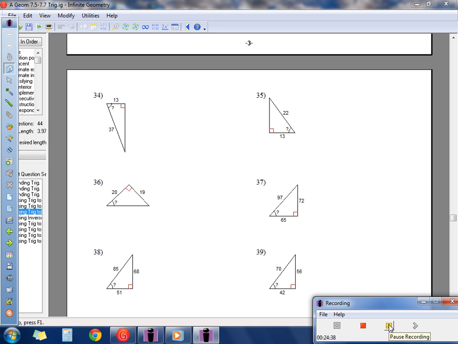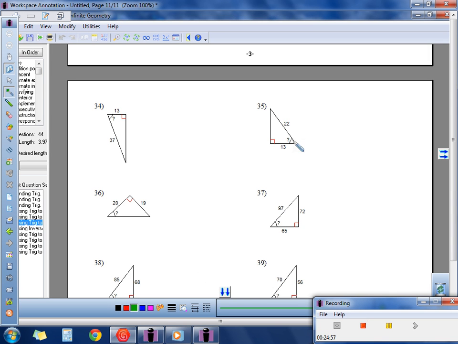Number 35 is not quite as generous. On this one, they give you only two sides, and you're missing an angle. So on this one, you have to figure out which trig to use. So how do I label this piece? That is number 13, the angle. Okay, that's adjacent.